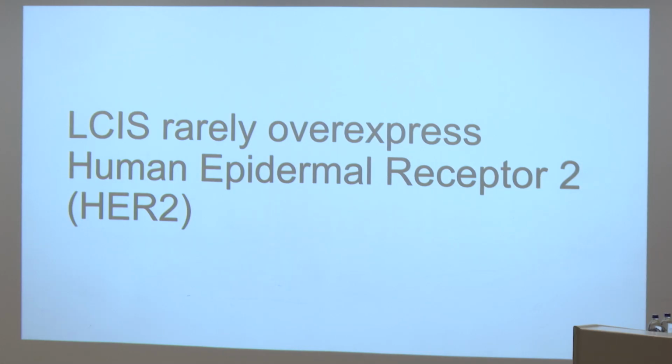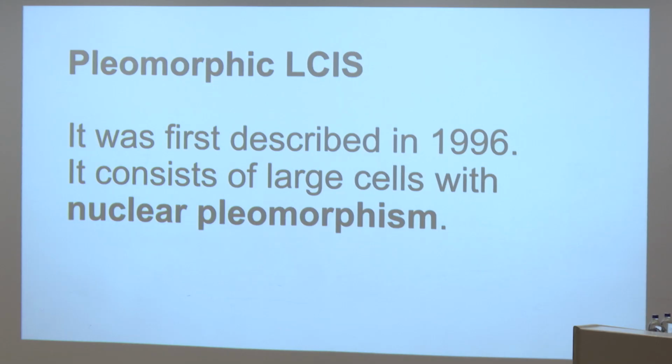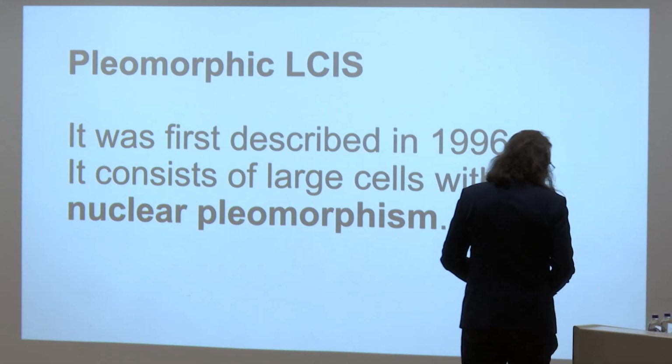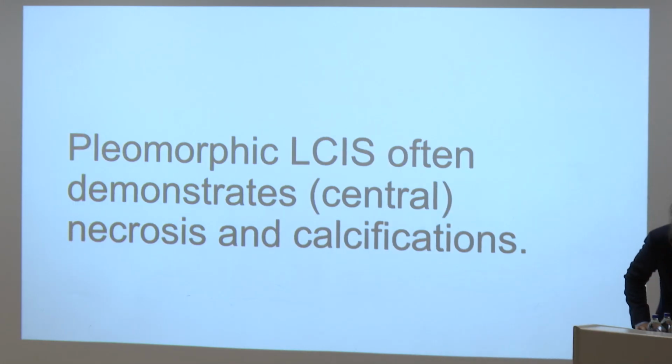As I said before, the dangerous thing about LCIS is this one, pleomorphic LCIS with necrosis and things like that. It was first described recently. Central necrosis and calcifications are the pathologic findings that we'll describe in the pathology report.